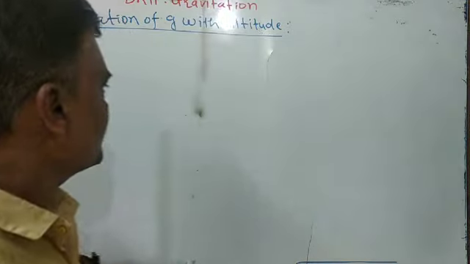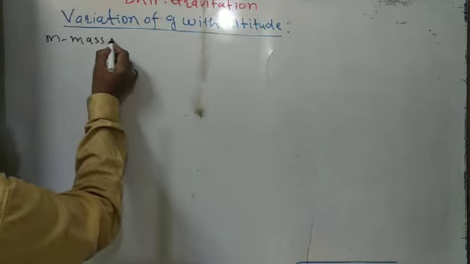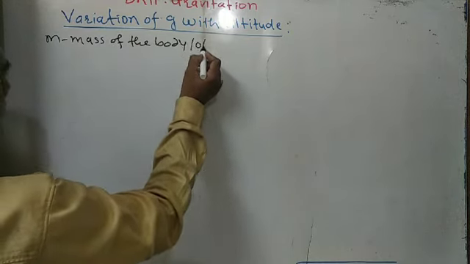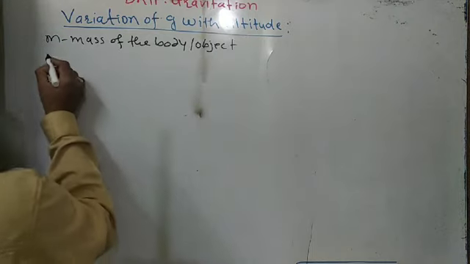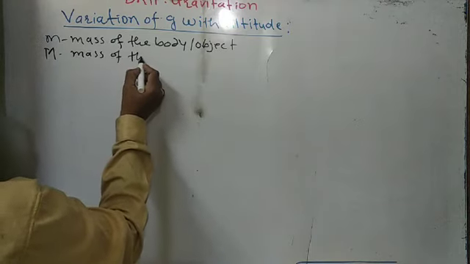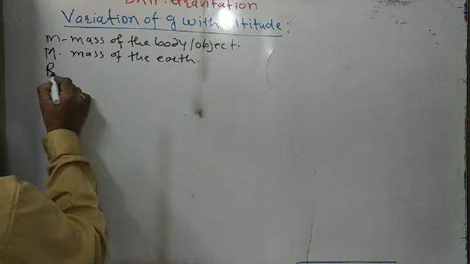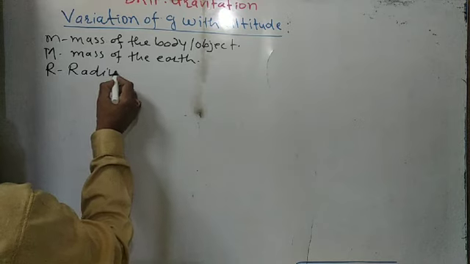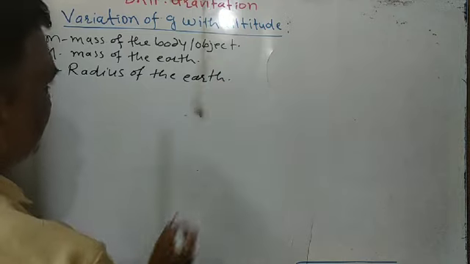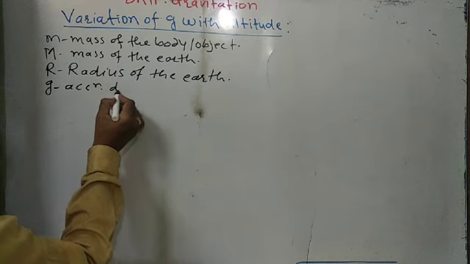So suppose m is the mass of the body or object, capital M is the mass of the earth, R is the radius of the earth, and g is the acceleration due to gravity.